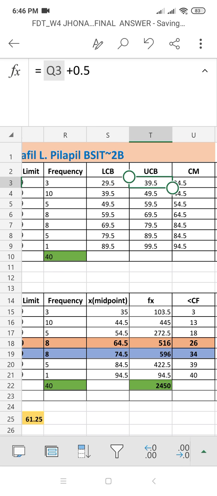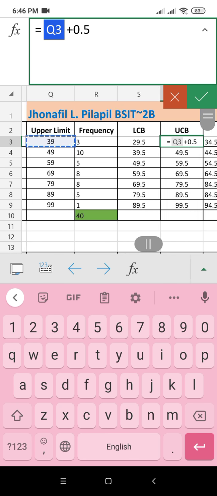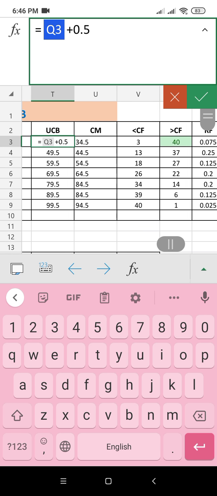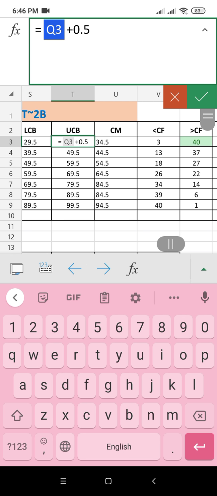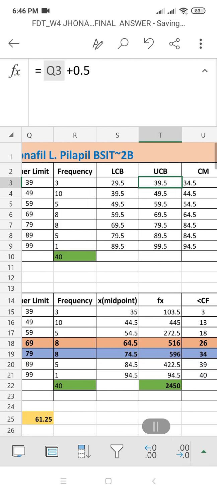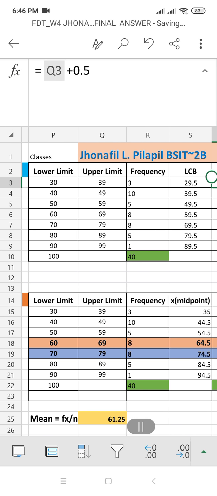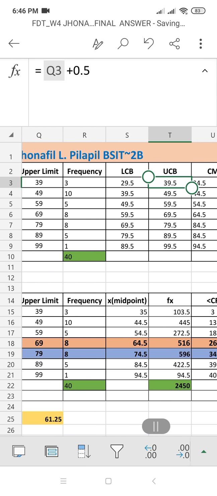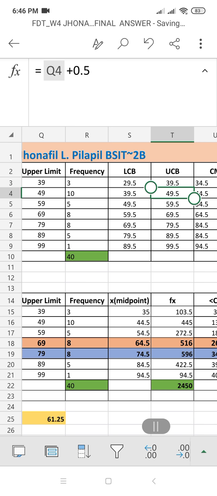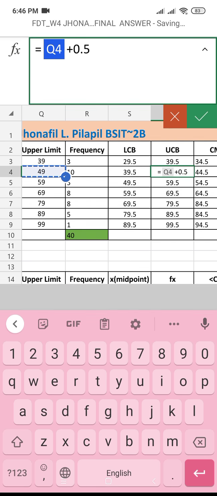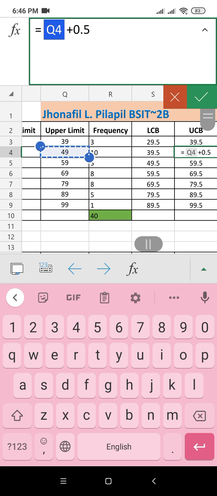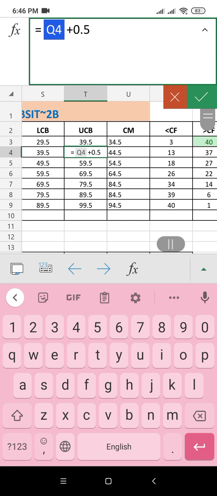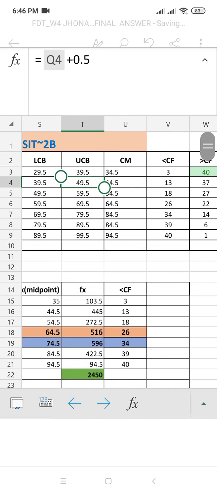Then for the UCB, the formula here is we're going to add. So the upper limit 39 plus 0.5 equals 39.5. In lower limit, we subtract 0.5. In upper limit, we add 0.5. Next, the upper limit 49 plus 0.5 equals 49.5.